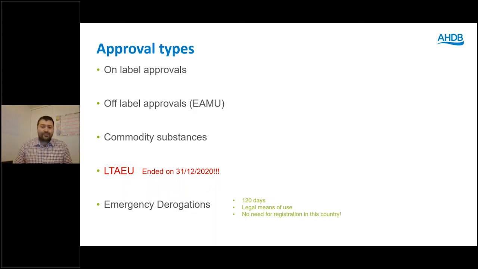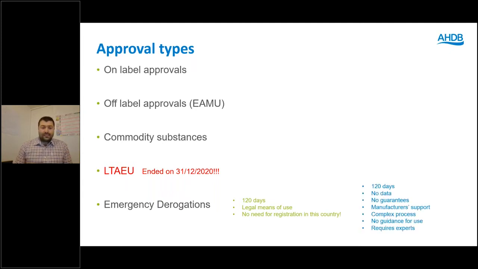And one of the benefits of emergency derogations is that there is no need for the sought active ingredient to have a registration in this particular country. So it may not be a registered active ingredient in this country. We could look at either Europe or further afield, the States, South America, etc., and we can bring it in.